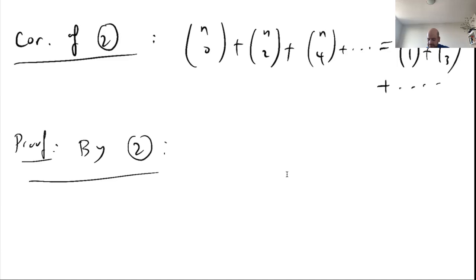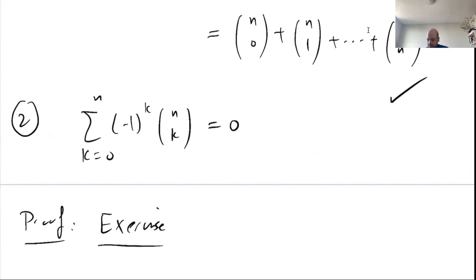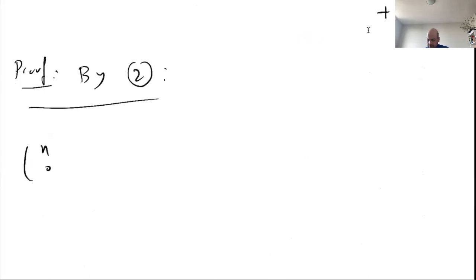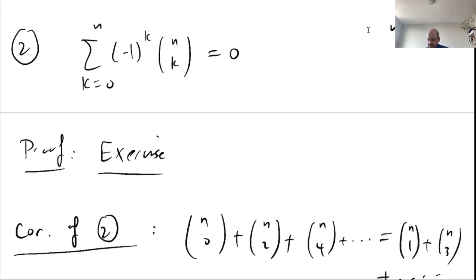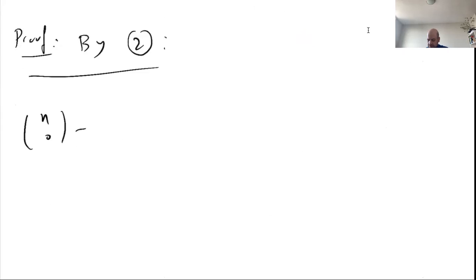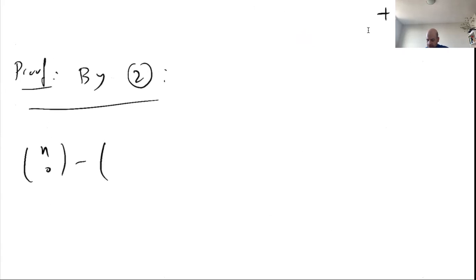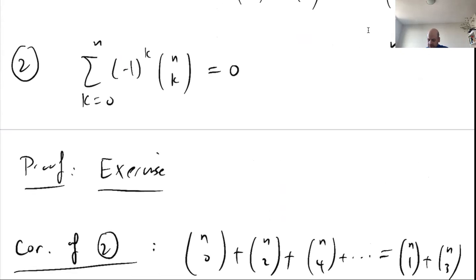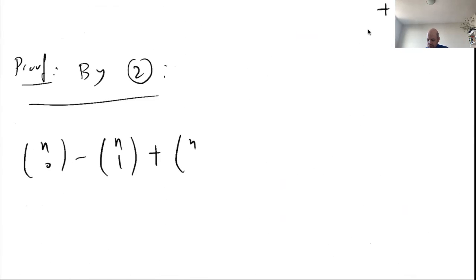What can we say? So the first term is minus 1 to power 0, which is 1, times n choose 0. And then the second term, if k is 1, minus 1 to power 1 is minus 1. So minus n choose 1. And then plus the next term will be minus 1 to power 2, which is plus n choose 2, and then minus n choose 3 equals 0.